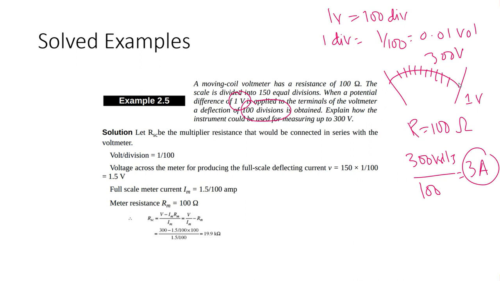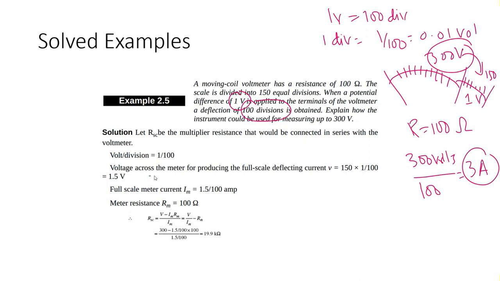So now what we want is that in 150 divisions it measures this 300 volts. So we have 50 extra divisions in it. For those extra divisions we want to calculate the RSC. So how will we calculate this RSC?